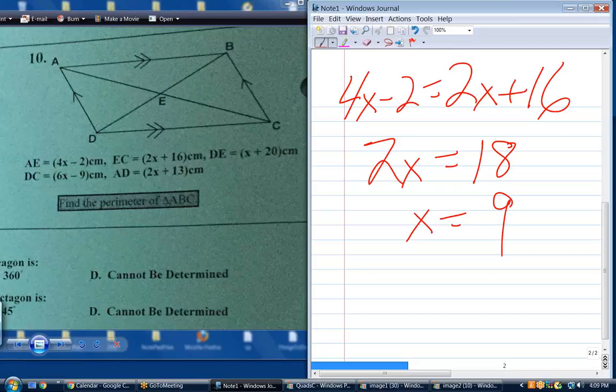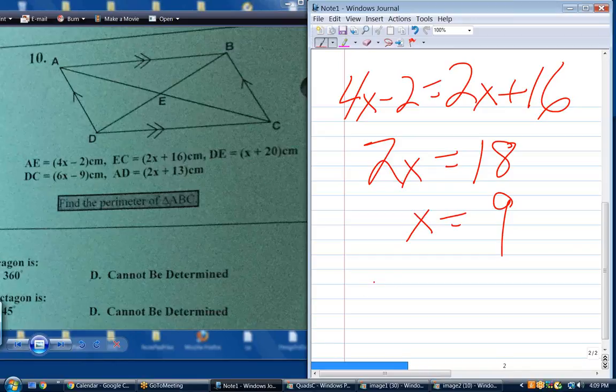Okay. And let's see. We need the perimeter of ABC. Could you just plug it in? Yeah. In other words, now that we've solved for x, I think we can get everything, can't we? Almost. We can't get BC, but it's the same as AD. So let's start with AB, which is also the same as what?